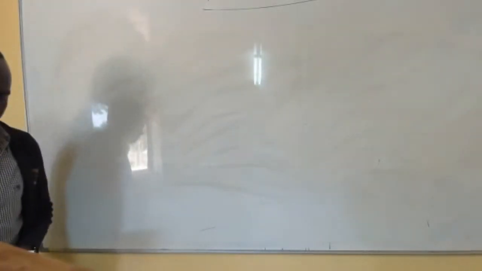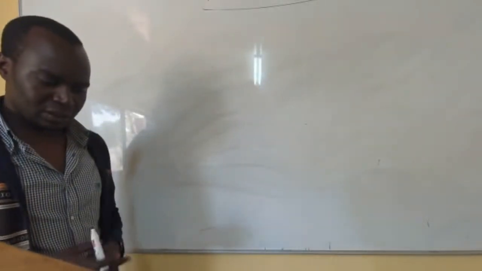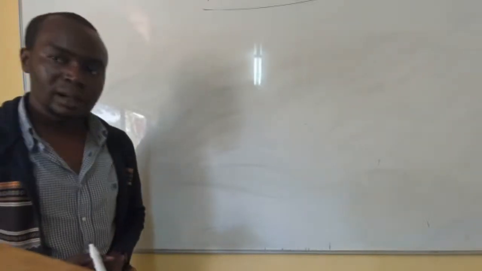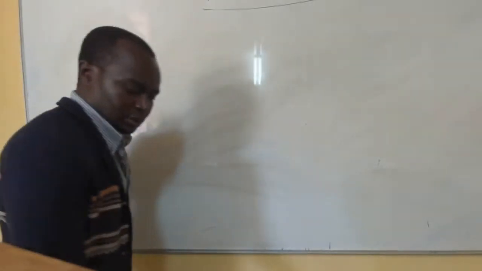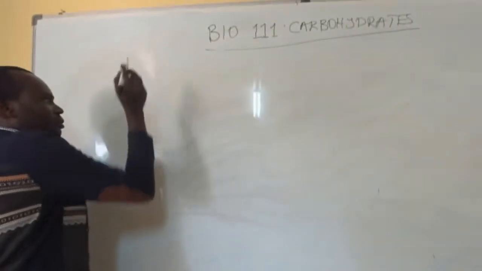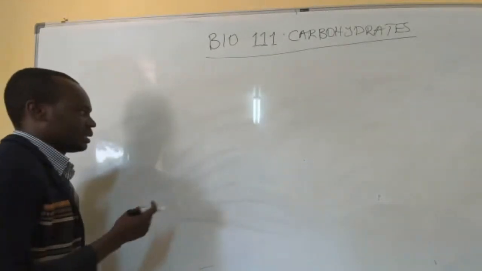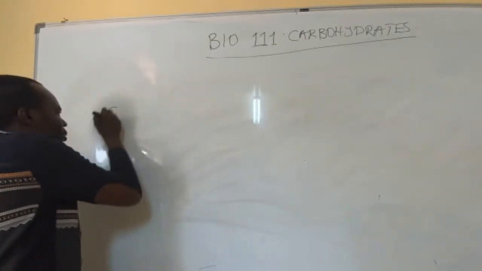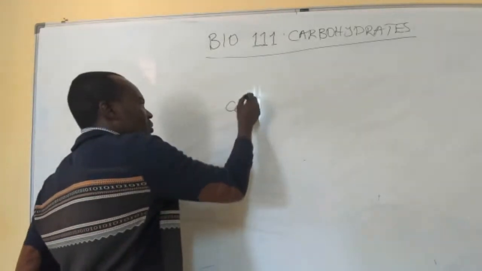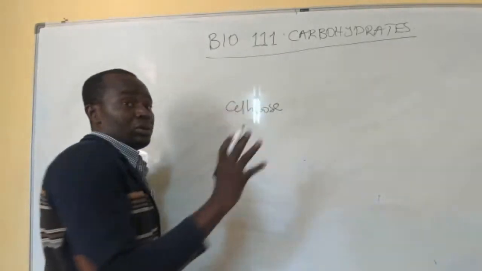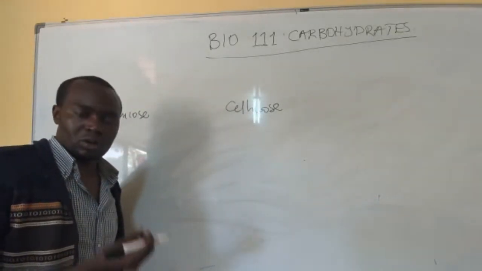Question number 8 is saying, explain why glucose is soluble in water and why cellulose microfibrils are insoluble in water. Now, you remember in your lectures you covered monosaccharides and disaccharides. Now, glucose is a monosaccharide. Cellulose is a polysaccharide, meaning it is made up of more than one monomer.